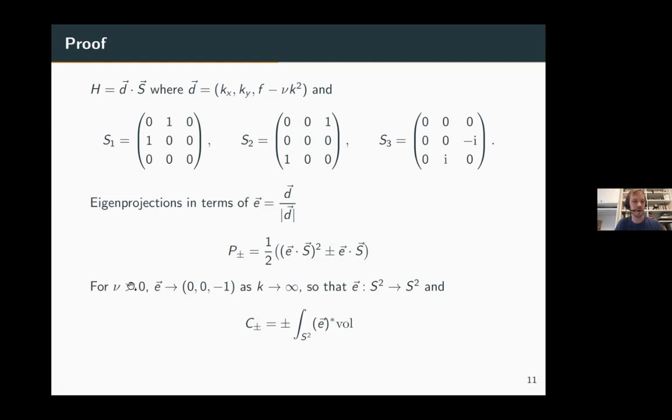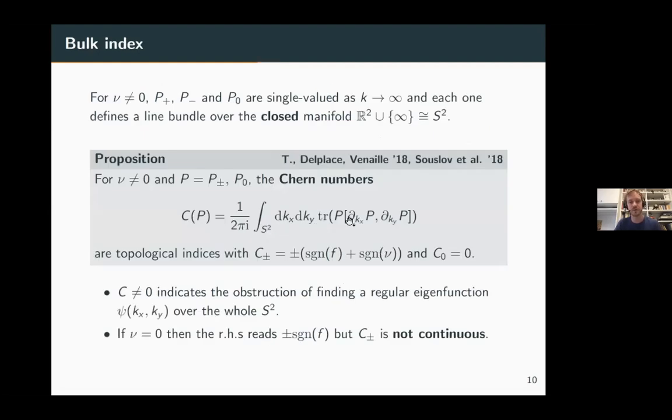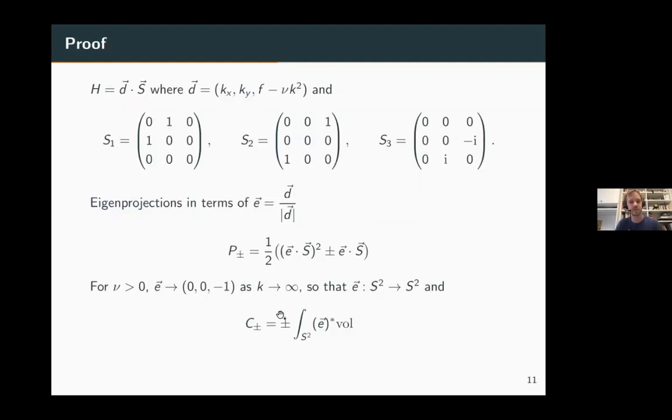And when you have odd viscosity, then this is just a map from S2 to S2. And the Chern number is basically the degree of this map, namely the number of times this 2-sphere is wrapping around itself. So if you are not familiar with the previous expression, why this has to be an integer, then maybe this would be more obvious to you that way. Anyway, there is not much more to say there.